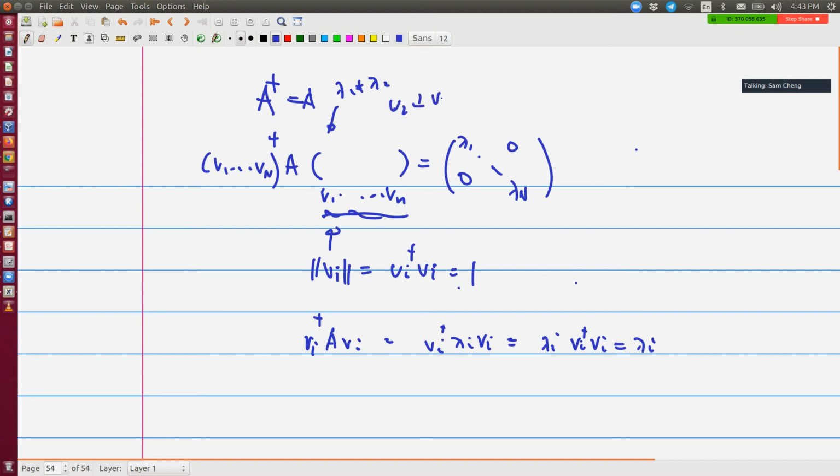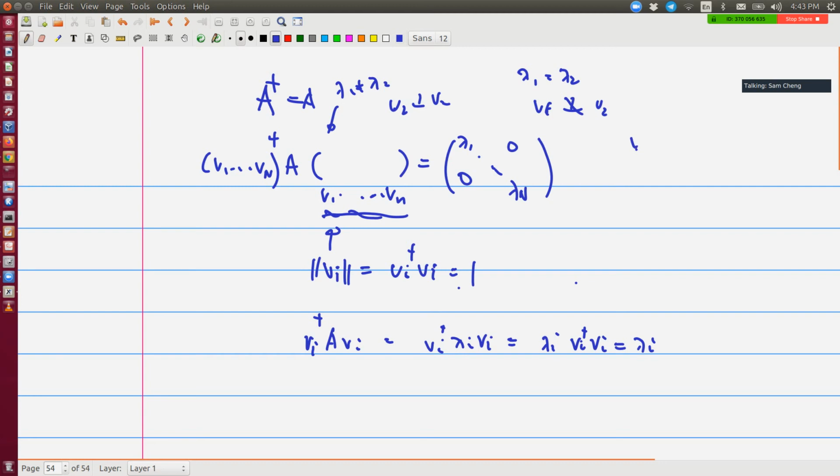We mentioned that earlier. And if lambda 1 is equal to lambda 2, then v1 may not be orthogonal to v2, but assuming they are not linearly dependent, I can basically make them orthogonal to each other, right?